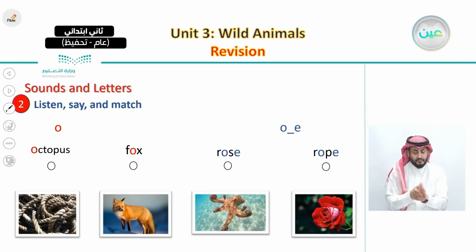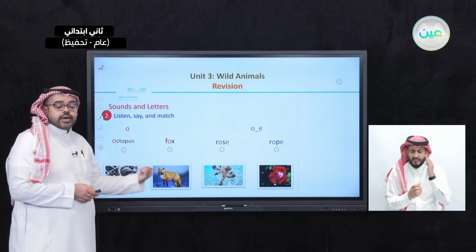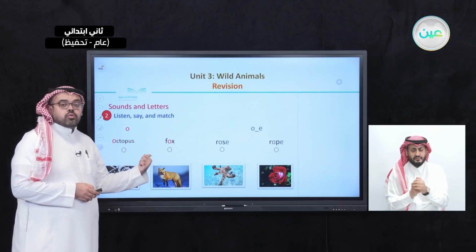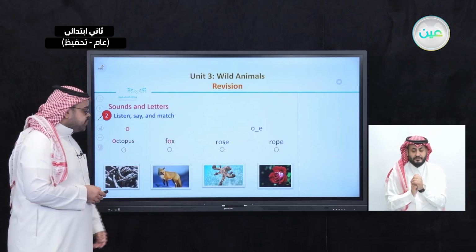And after this, we did listen and match in this exercise sounds and letters where we have two different sounds. First, the words that have a sound with one O letter, and also words that have O letter and E letter at the end. And after we listen, we did match each of these words with the appropriate picture.